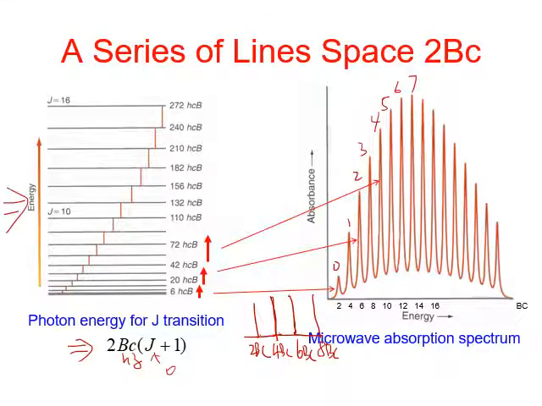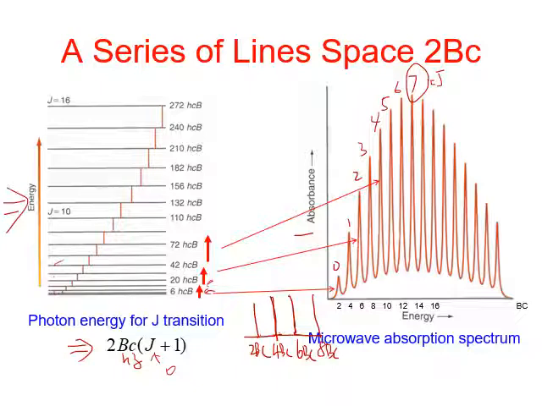Okay. So some students may wonder, in this case, why when J equals 7, the absorption intensity is the highest. Okay, the reason for that is at room temperature, because the energy separation of rotation is very small, the thermal energy is enough to occupy many of these energy levels.